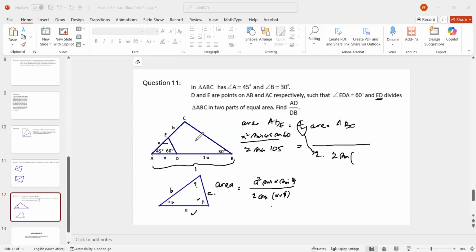Now, in this big triangle, it's 45 plus 30, which gives you 75. And in the numerator, you've got 1 squared, which is 1. I'm not going to put it down. It's sine of 45 times sine of 30.